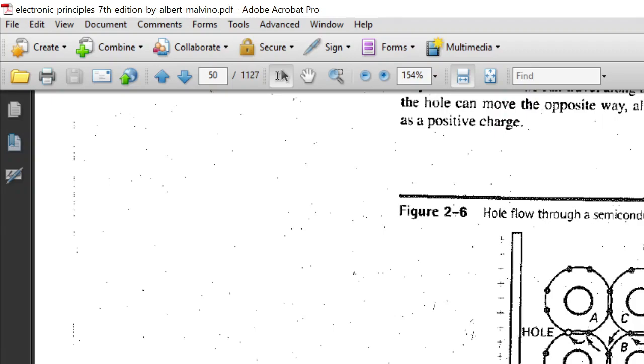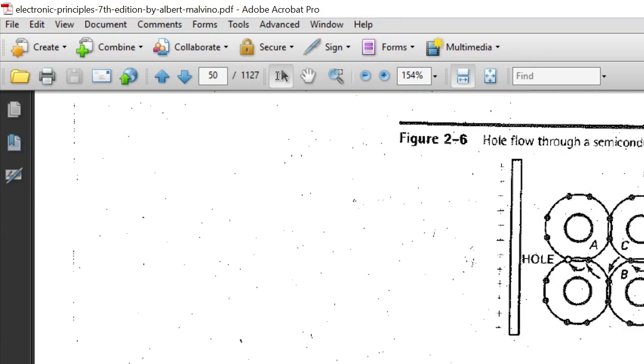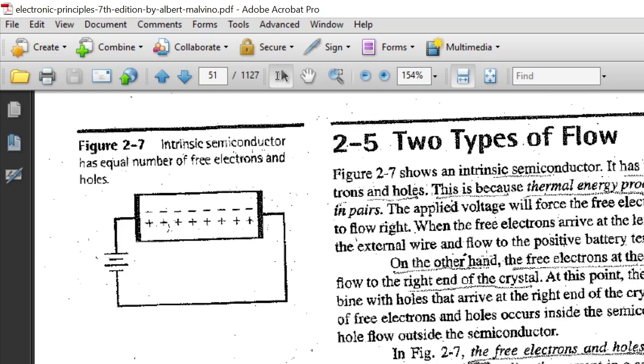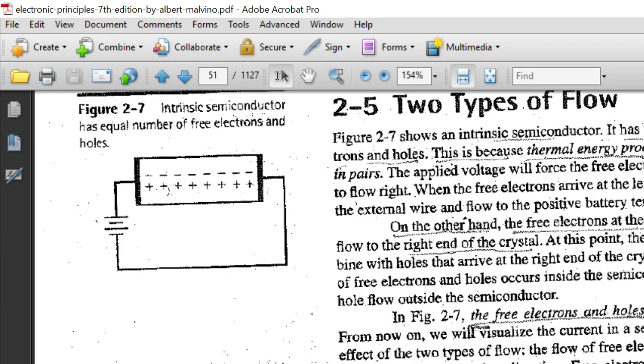An electron from this negatively charged plate can come and combine with the hole, but the hole is not leaving the crystal. This is an important difference. So you read all this, section 2.5 also, and you will understand what is happening.